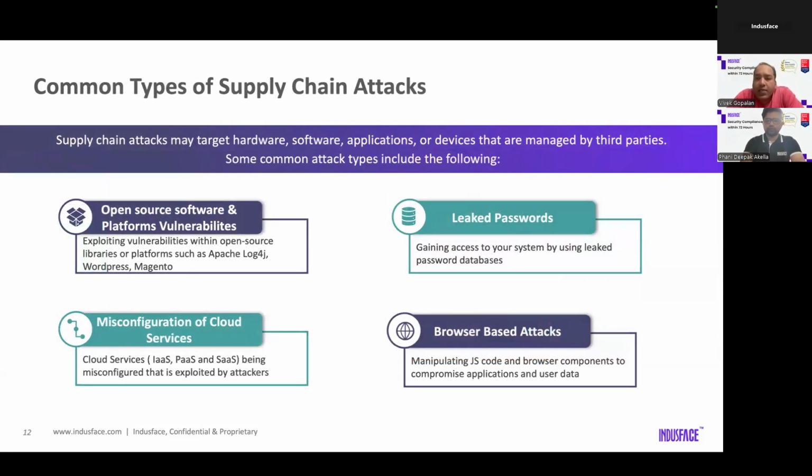So what are the types of supply chain attacks? As I said, supply chain attacks are essentially attacks on your third-party components, third-party websites, and the like. How are hackers exploiting this? There could be various ways. One is that you have integrated an open source component or platform like Joomla, WordPress, or whatever.